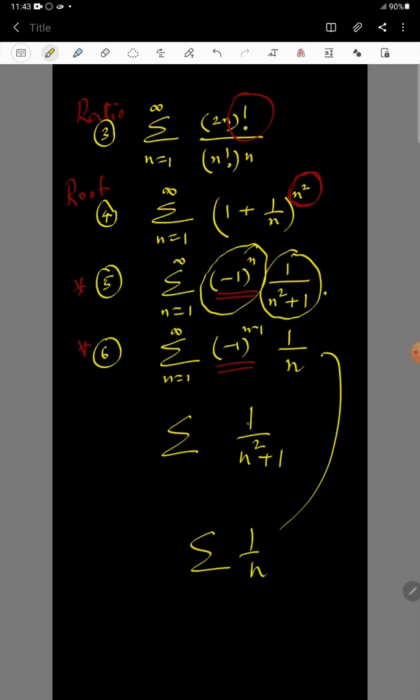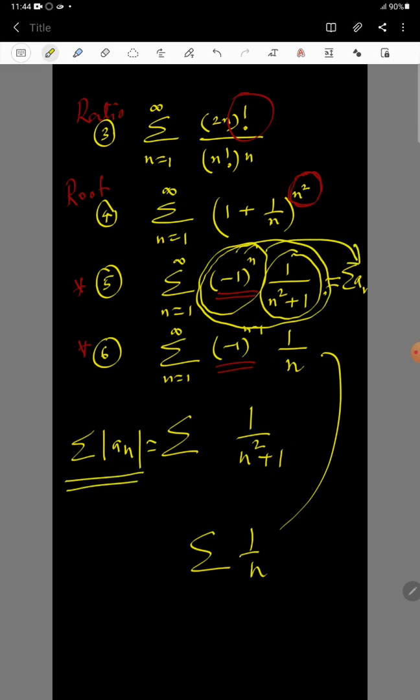So without taking this plus minus, we are making all of them positive. It is like we are taking the modulus of that an. If I call this as sigma an, then this complete is going to become an. And if I calculate sigma mod an, then minus 1 to the power of n will create minus or plus, but in modulus all of them will be positive, so we will be getting this one.